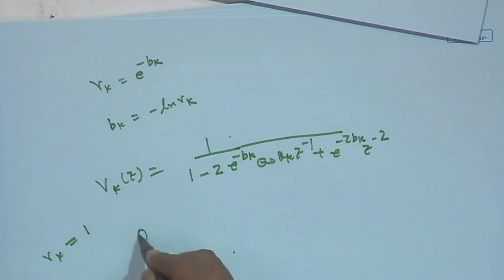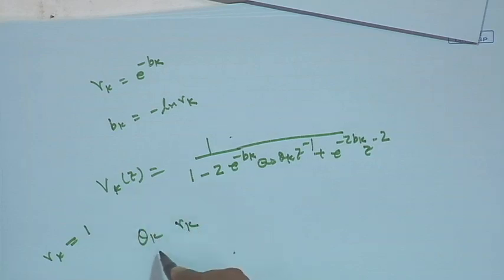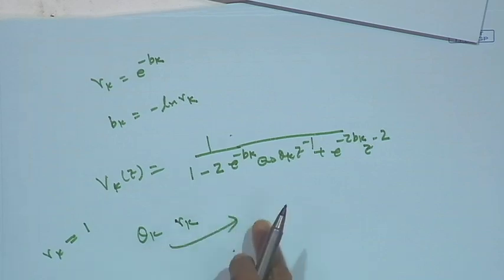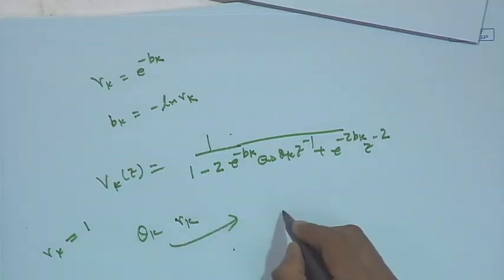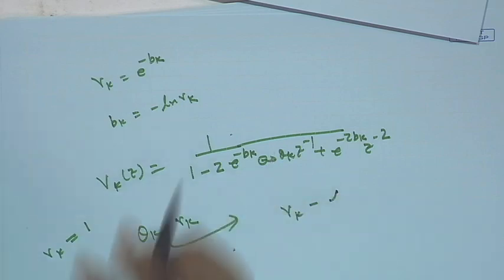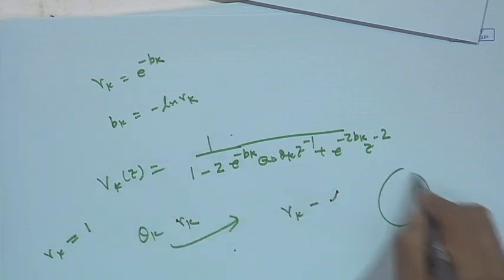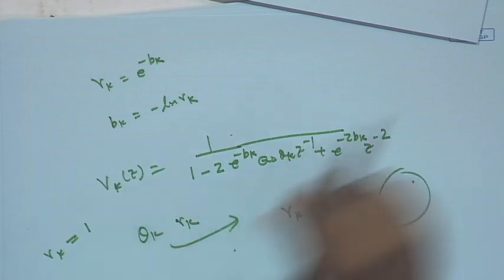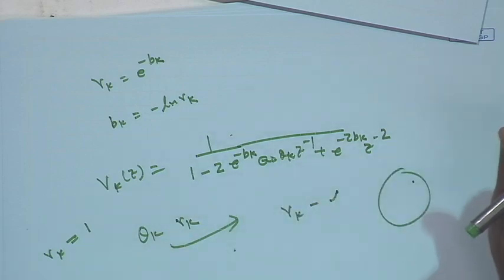If I know theta_k and the value of R_k, then I can model the system. Theta_k gives me the formant frequency position, and if R_k tends to the unit circle, the amplitude of that pole is close to the unit circle, that gives you the formant frequency.